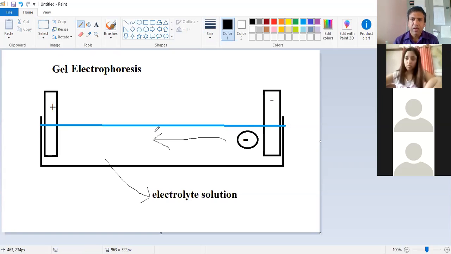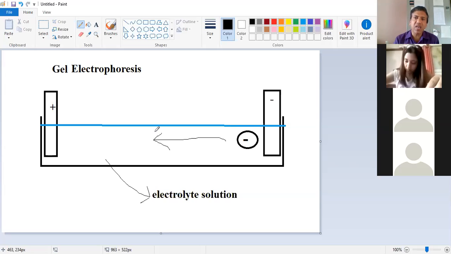But if you just put the anions over there and they just move, then what is the purpose? The purpose of electrophoresis is separation. In any kind of electrophoresis, the main purpose is to separate different molecules based on their structure, shape or conformation.